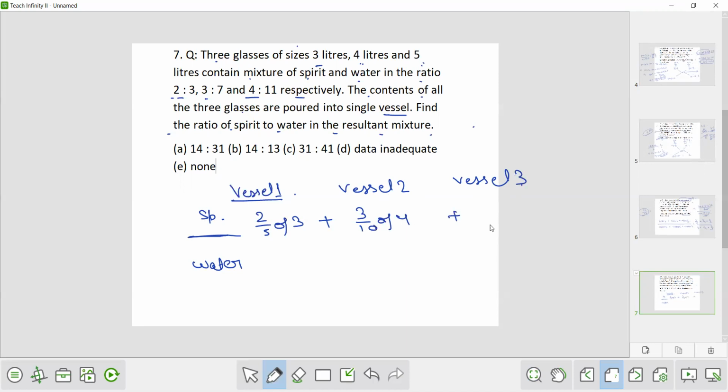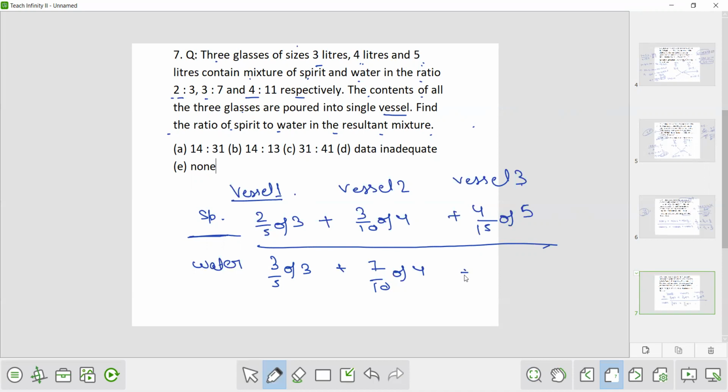And content of spirit in vessel 3 is 4 by 15 of 5, upon water: 3 by 5 of 3 plus 7 by 10 of 4 plus 11 by 15 of 5.